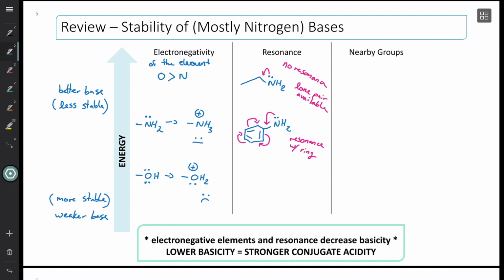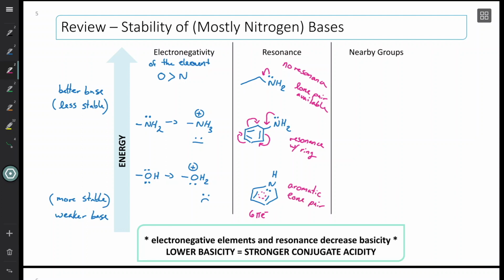Even worse than having resonance with benzene is actually being part of the aromatic ring, right? So this is pyrrole, and that lone pair is part of that 6 pi electron system, right? So this is an aromatic lone pair in a sense.